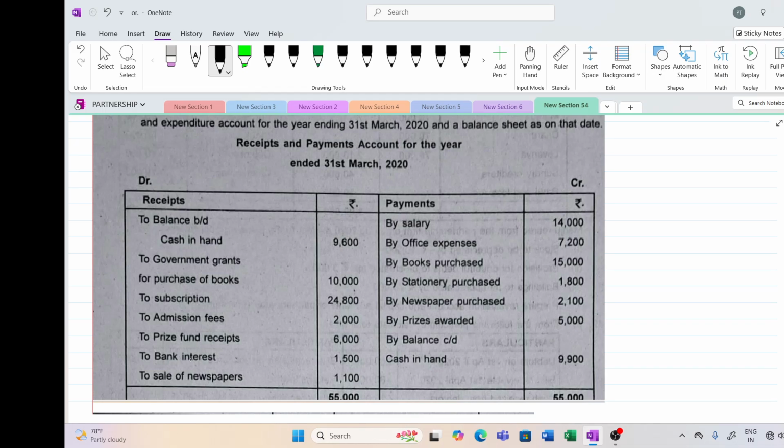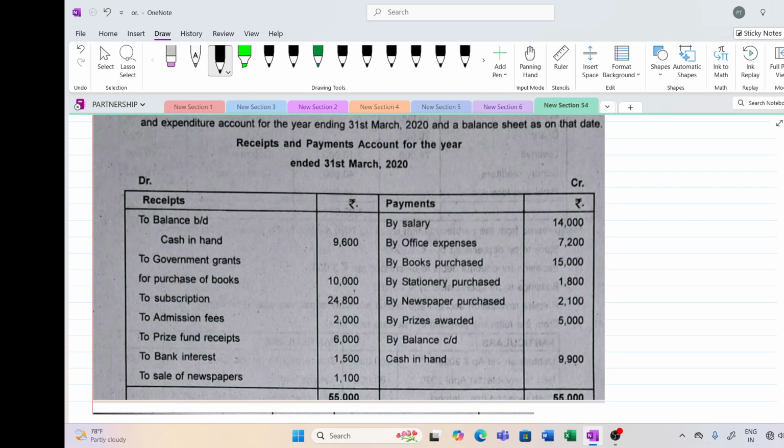No capital receipt, no capital expenditure. And the third thing is that any expenditure incurred but you have not paid for, still it will be taken into account. Same way, any income you have already earned but the money is not received, you are going to record it in the income and expenditure account. For example, subscription. Subscription is a periodic sum you have to receive from the members of the NPO, and it is recurring in nature.